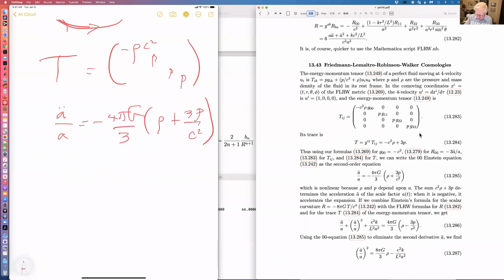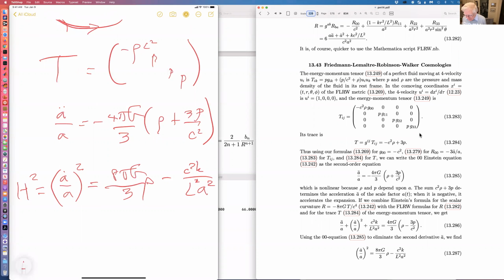And then the other equation, which is much more useful, is that A dot over A, which is what we call the square of the Hubble constant, equals 8 pi G over 3 rho minus c squared K over L squared A squared. And as I said, for practical purposes, you can set K equal to 0 experimentally at the present time. In another 10 years, we may know that it's different from 0.